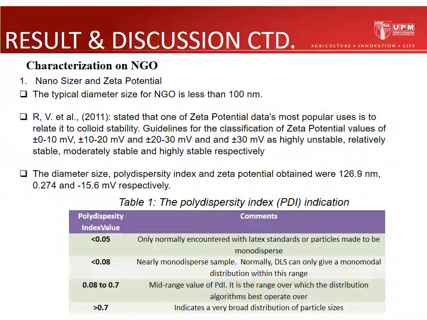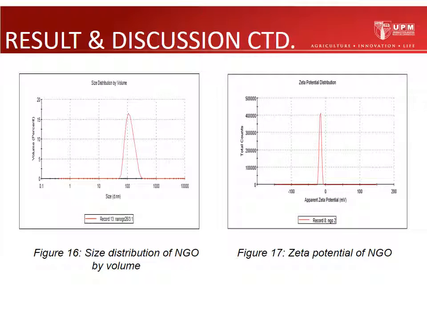And the zeta potential result is about negative 15.6 millivolt because, as mentioned in the journal, this value is relatively stable, so this is good. Okay, so figure 16 and figure 17 show the size distribution of NGO by volume and the zeta potential of NGO.